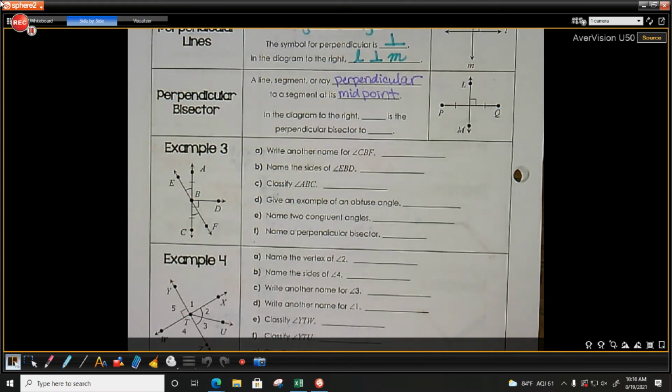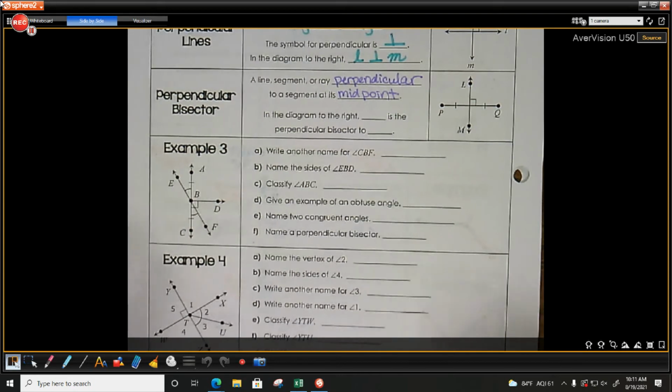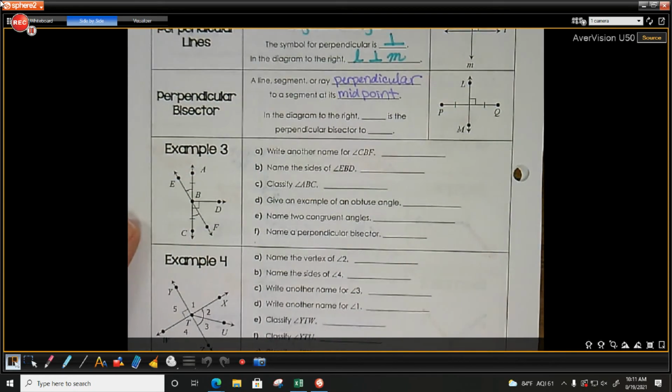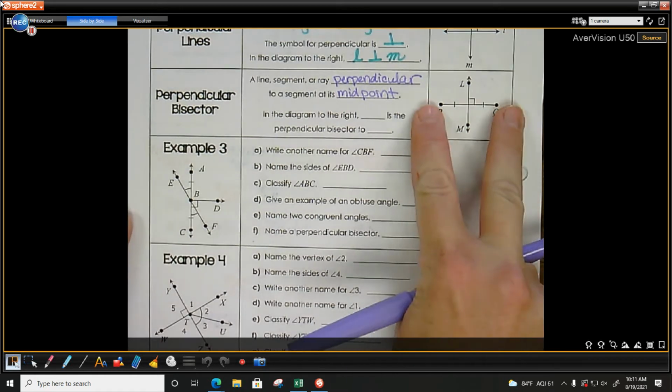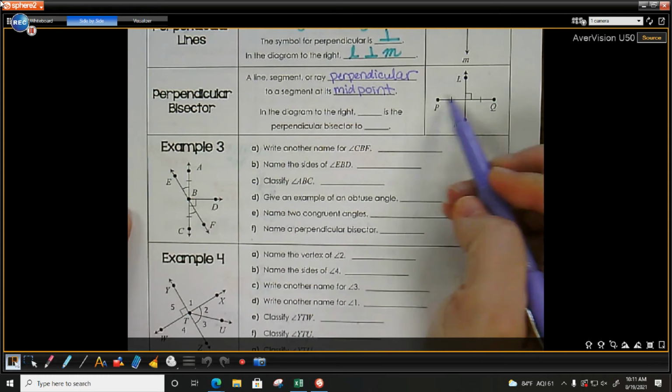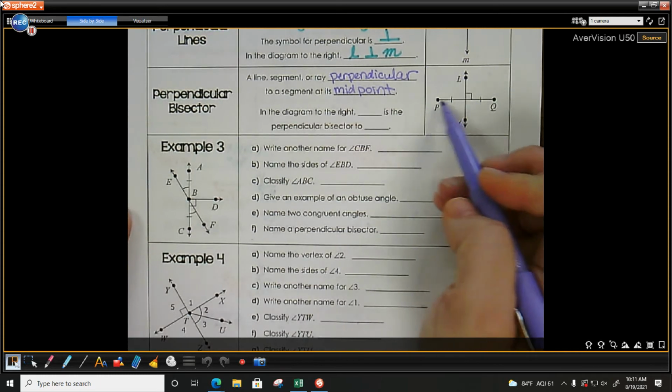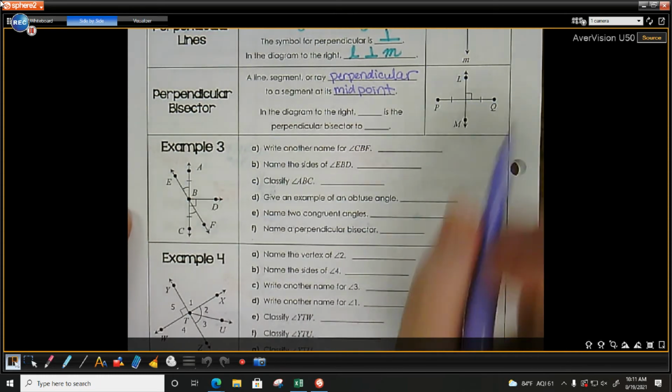Okay? In the diagram to the right, what is the perpendicular bisector of line PQ? So this line right here, PQ, what's the perpendicular bisector to PQ? What is LN? A line.